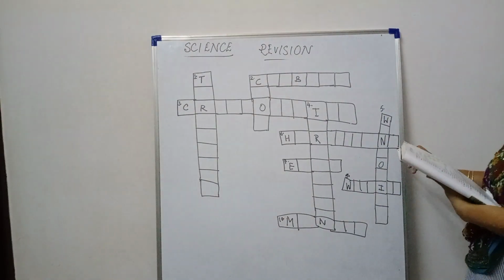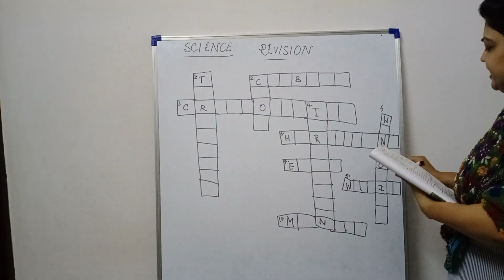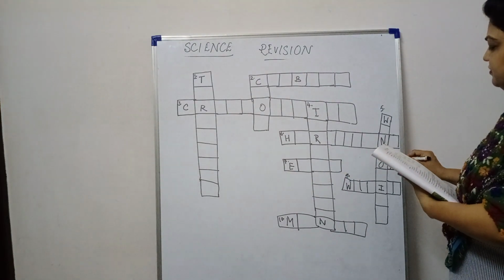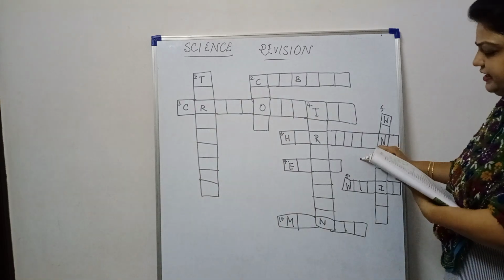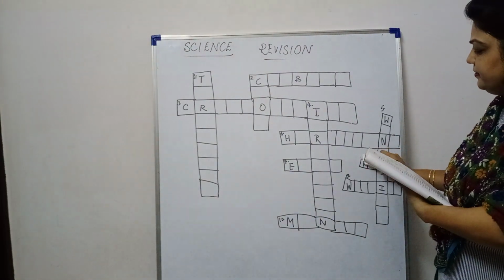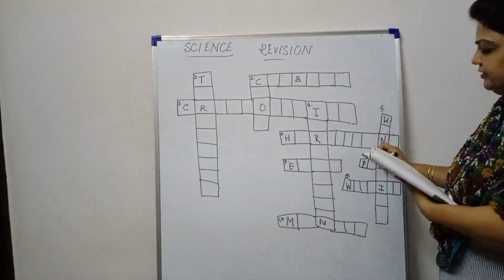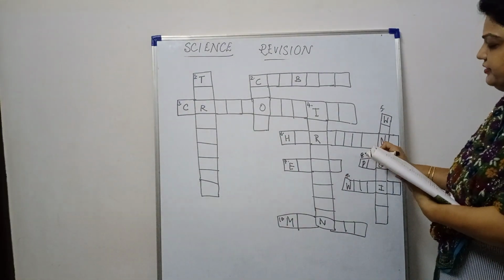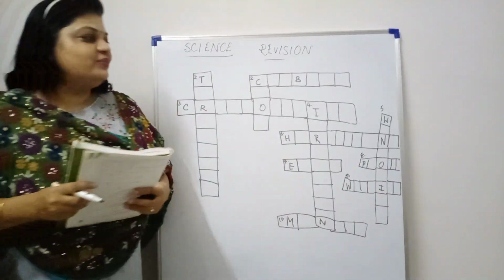Okay, just one is left now. So here we have 3. Okay, and this side we have P given as the letter, and this is for 8th one. Okay, so this is the crossword which you are supposed to draw.